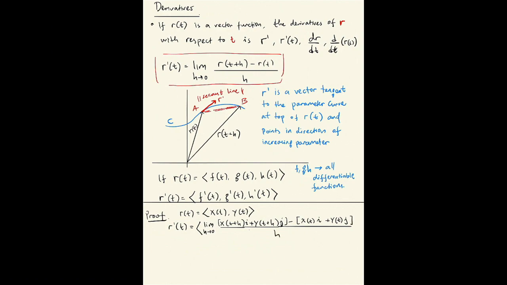Okay. So basically it's the same thing, but I write in ijk, and then grouping all the t plus h.